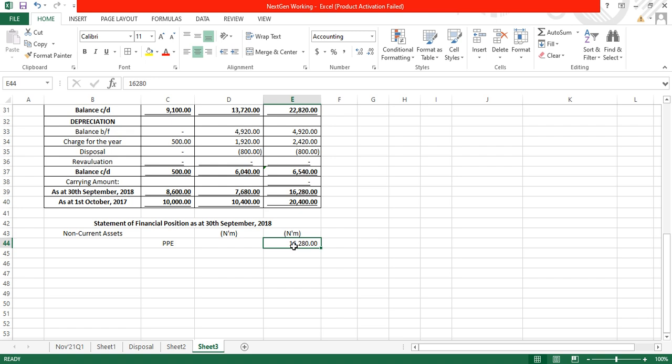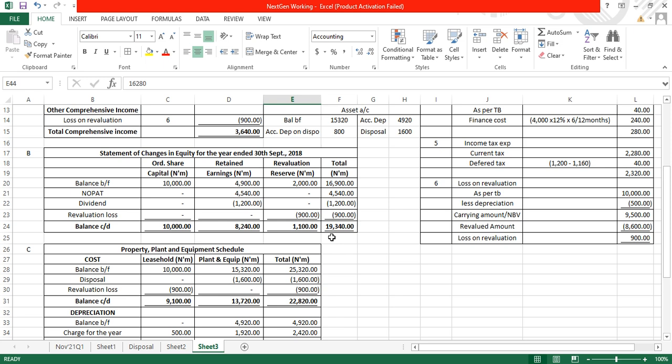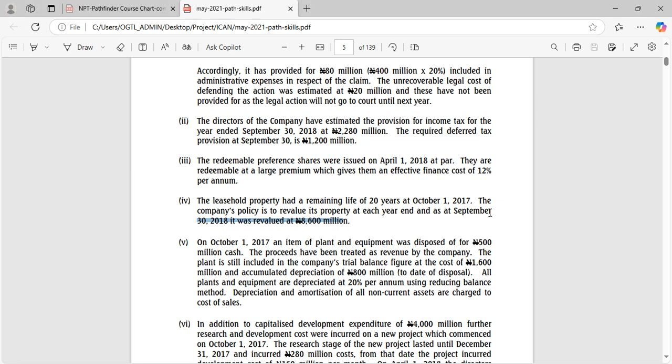Inventory. What about inventory too? Okay, no comment. Let's, why are we not having an explanation?